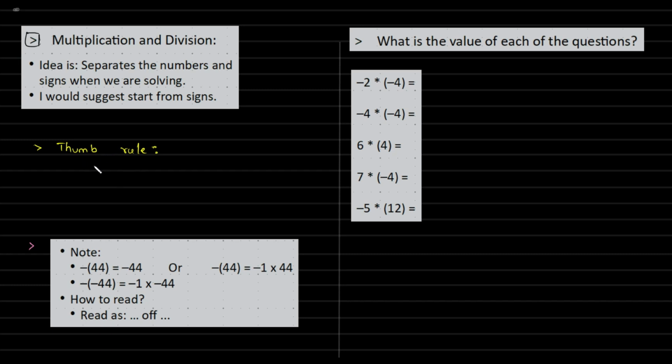When you multiply a positive number with a positive number, you'll get a positive number. Negative with a negative, you'll get again positive. Then positive into negative is negative, negative into positive is negative.